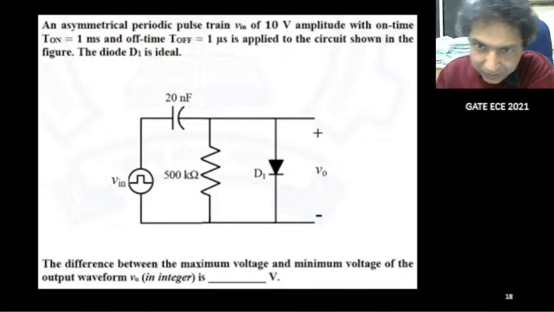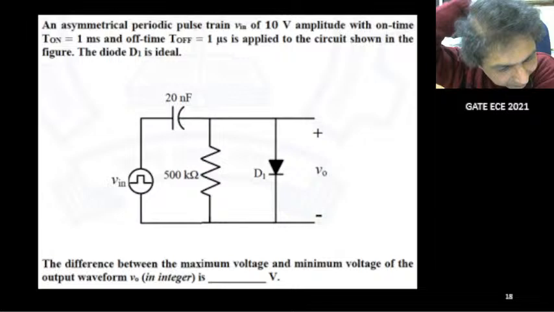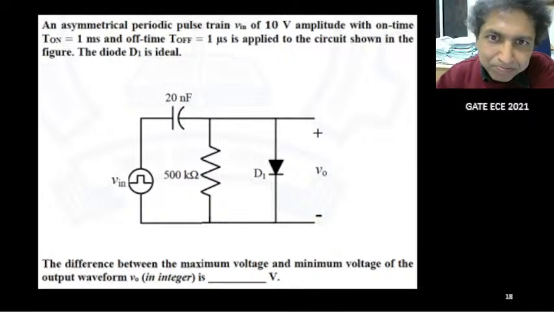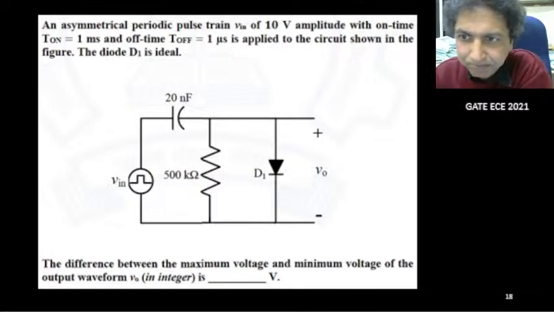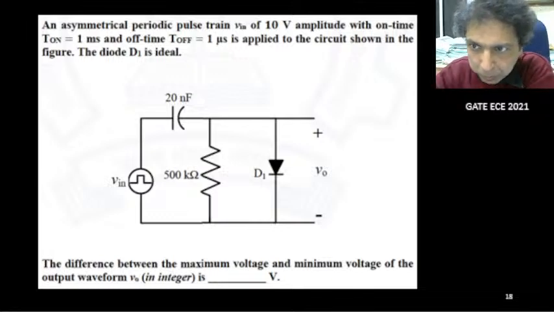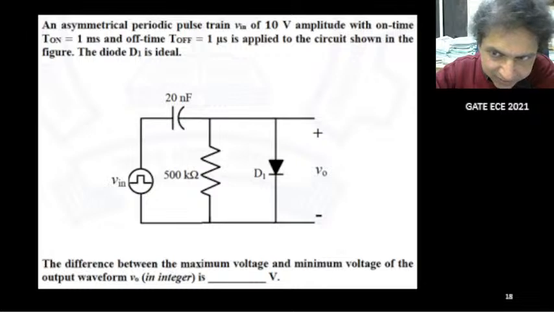Can you solve this problem? I think I can take one more problem. Can you please try?